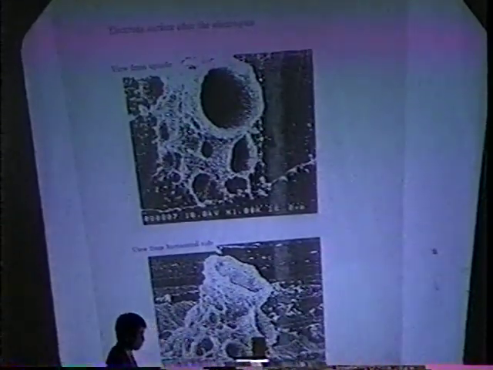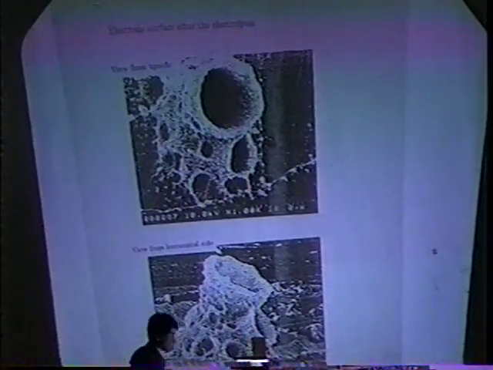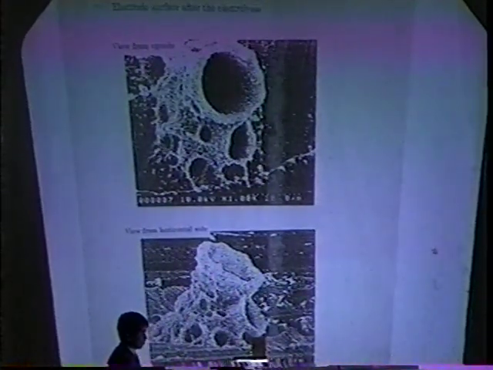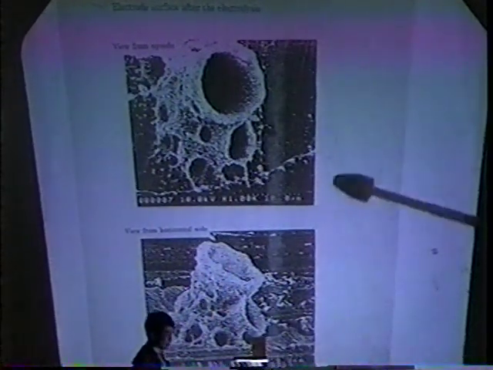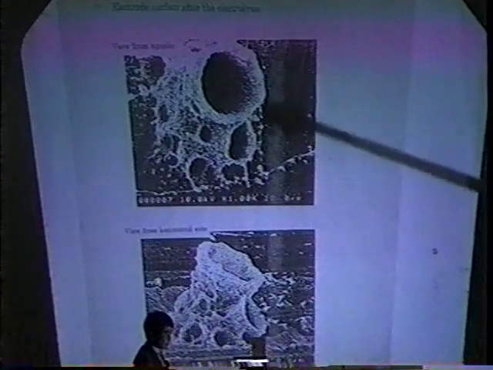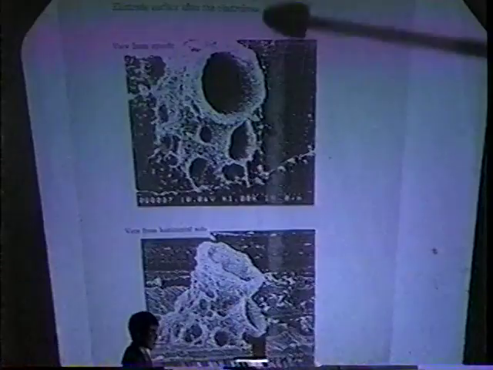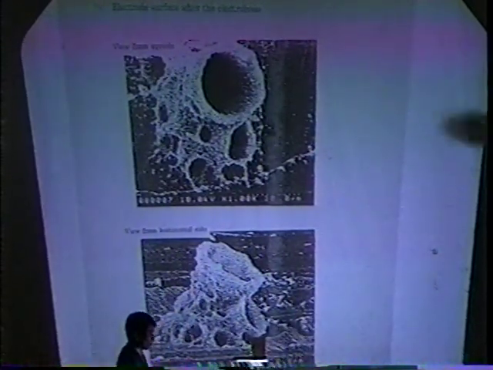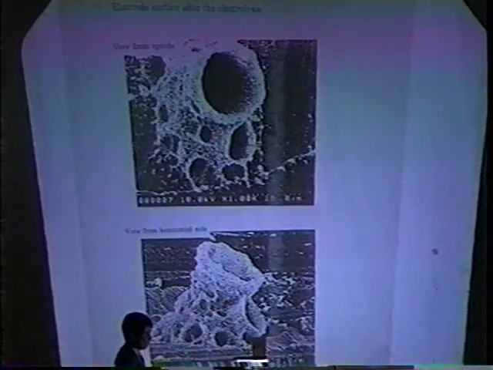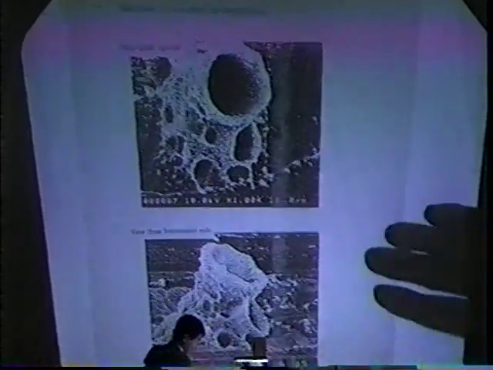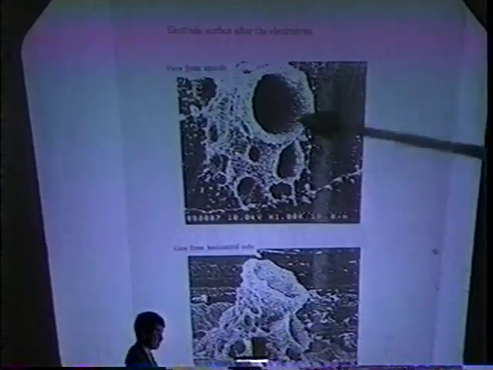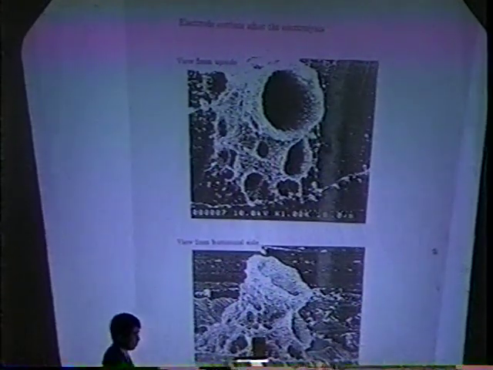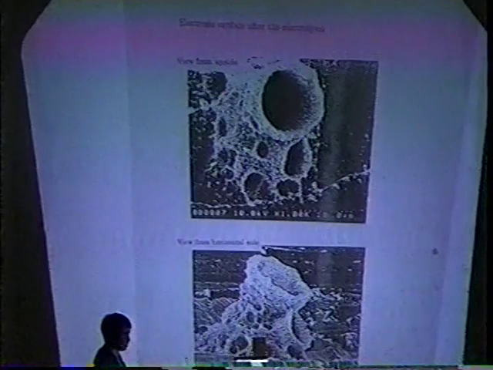In addition, the surface structure of the gold electrode after electrolysis is very unusual. As seen from this figure, such craters are produced, a lot of such craters. The diameter of each crater is about 200 micrometers. The structure of the crater is very similar to the structure of the deposit.